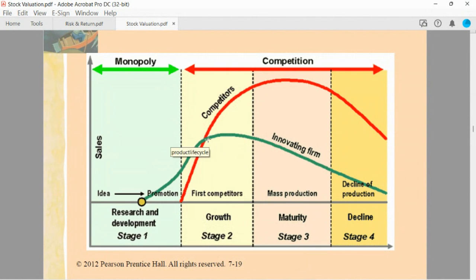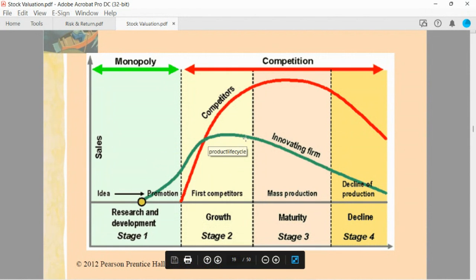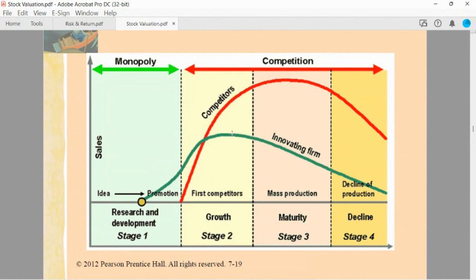First it was fast, then it slows down, and then it reaches a plateau at some point. At the plateau, the growth rate is zero. Once it reaches the plateau, it declines, so the growth rate will be negative.